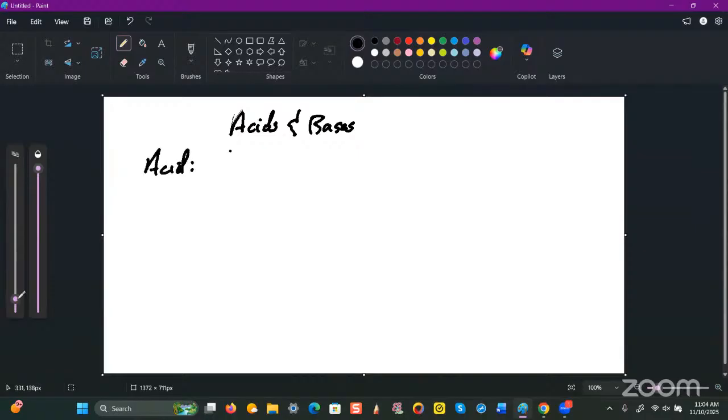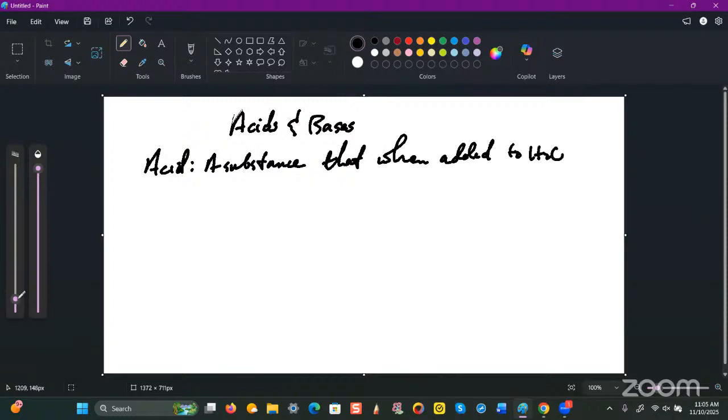An acid is a substance that, when added to water, produces hydrogen ions, or H plus ions, all right? So any substance which does this, we call it an acid.